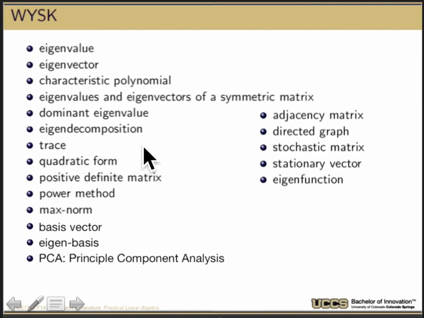The idea of a trace, the sum of the items down the diagonal, how that gives you a bound on what's going to happen with the eigenvalues, how eigenvalues are related to quadratic forms and positive definite matrices, the power method of computing, iterate to find the largest eigenvector, the idea of the max norm, which is what we use for normalization during a bunch of these processes, where you find the largest value in a column and you divide by that, or you can do the sum, which is the L1 norm, or the sum of squares, which would be L2.